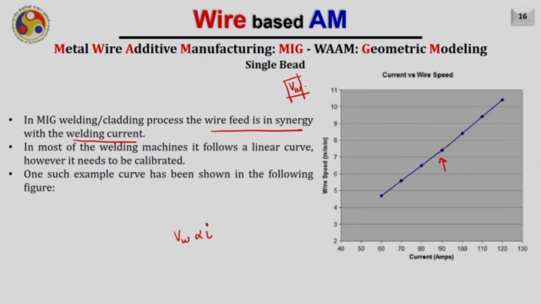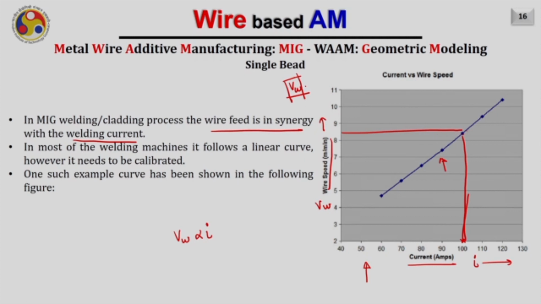However, this curve can be different and it has to be calibrated whenever you buy any new machine. What you are seeing here is the current versus the wire speed, that is Vw, and here is the current. If I am using a current, for example, of 100 amps in my machine, then I can see the corresponding wire feed. The value of the wire speed will be 8.5 meter per minute.